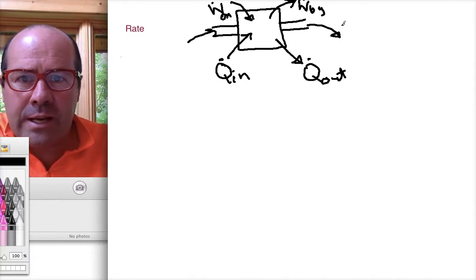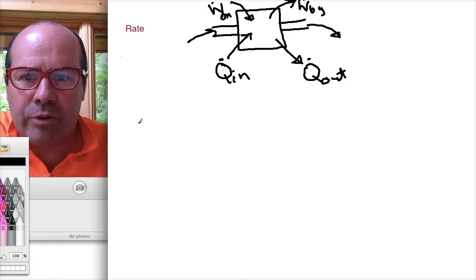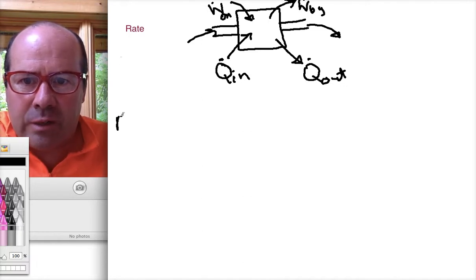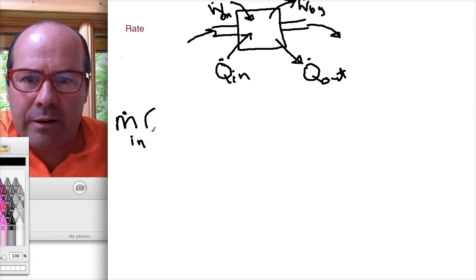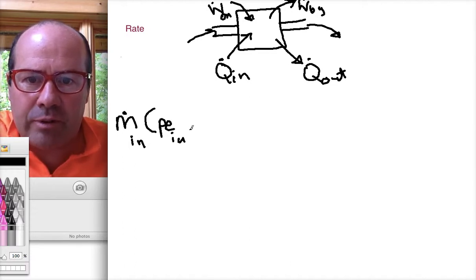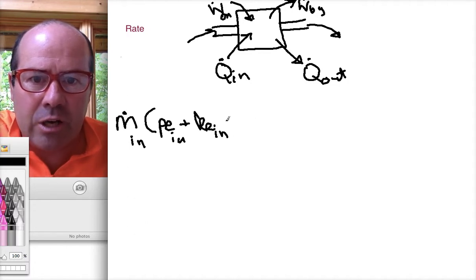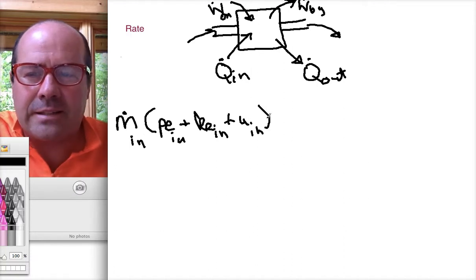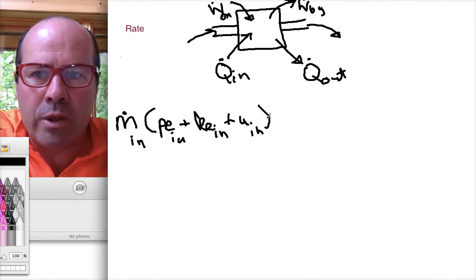Energy flows in with that mass that flows in, and so we take the mass flow rate flowing in, and then what kind of energy does it have when it flows in? Does it have any specific potential energy, any specific kinetic energy, or any specific internal energy? That's the kind of energy that's coming in with the mass.